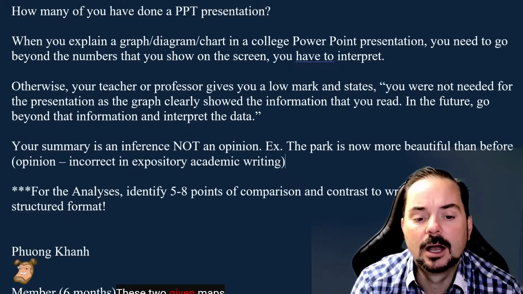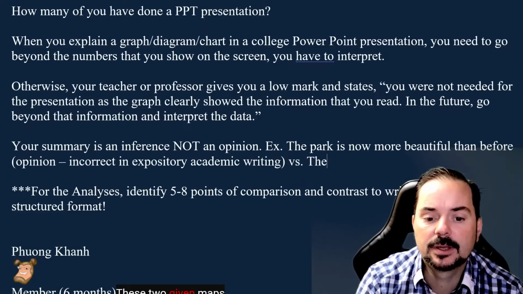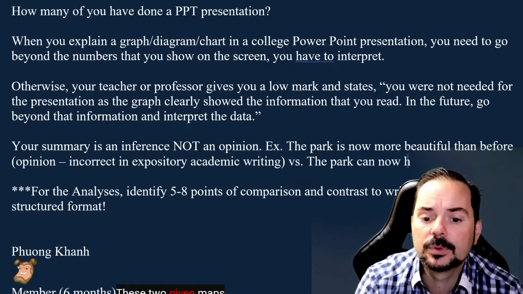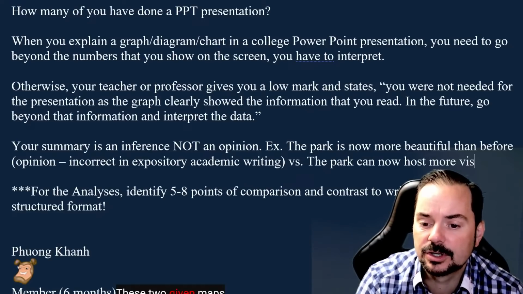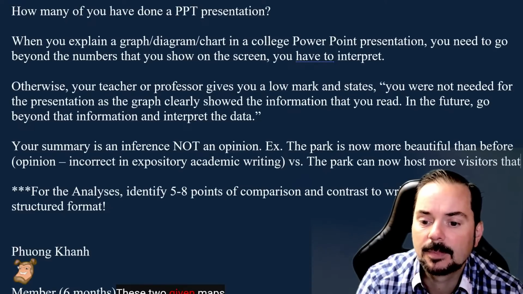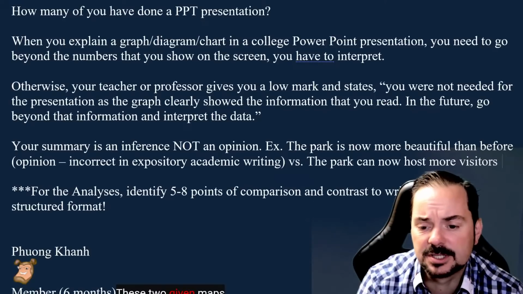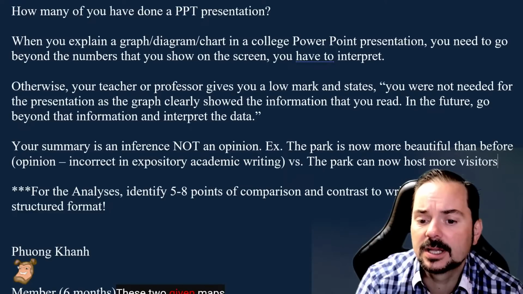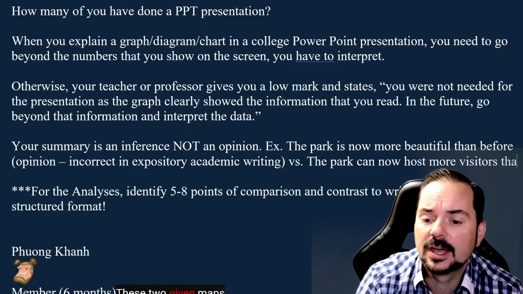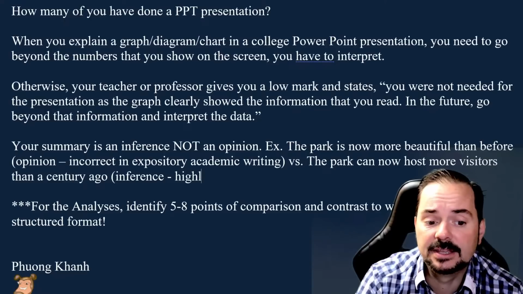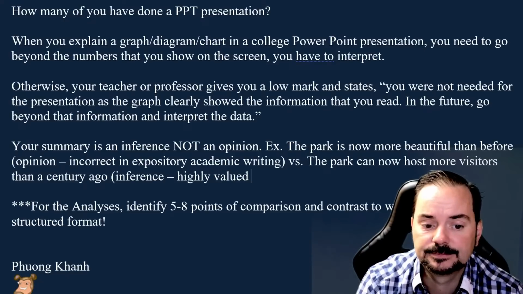Versus the park can now host more visitors comfortably, or even, comfortably is an opinion. I'd take that out. So the park can now host more visitors than a century ago. This is an inference. And this is highly valued in academic writing.